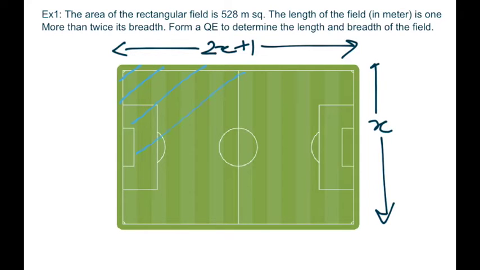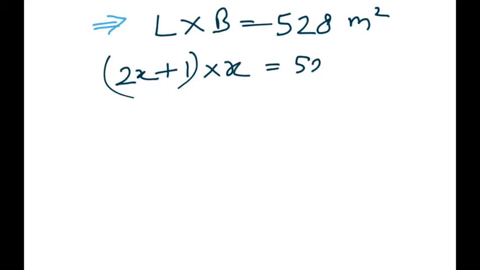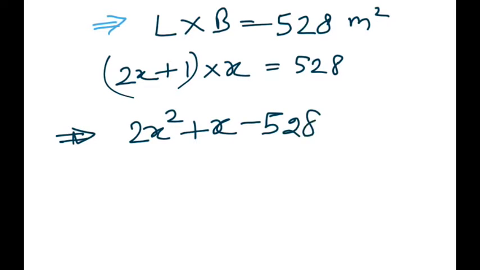So this entire area is 528 meters square, which means length into breadth is 528 meters square. 2x plus 1 into x equals 528. So this is the required quadratic equation.